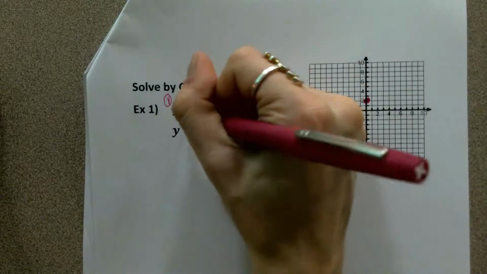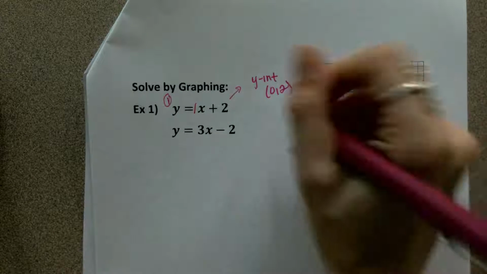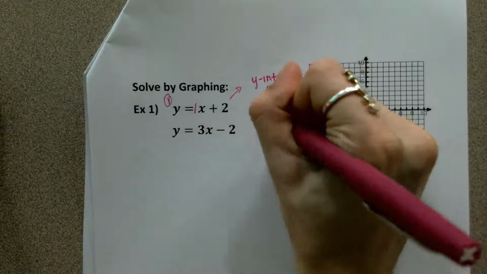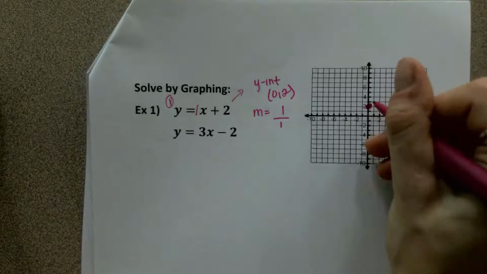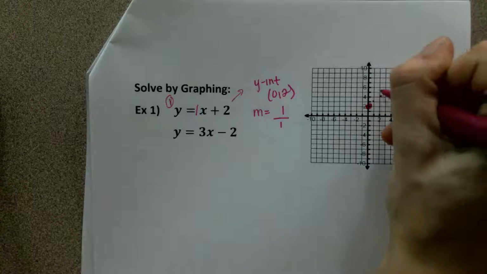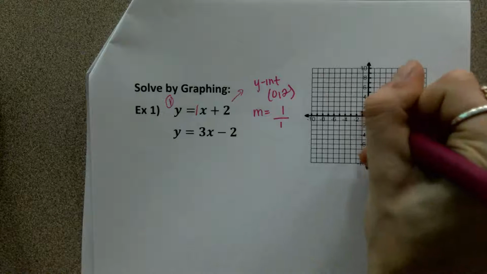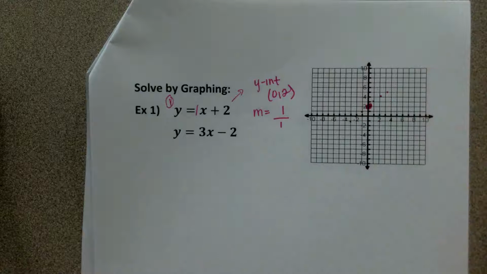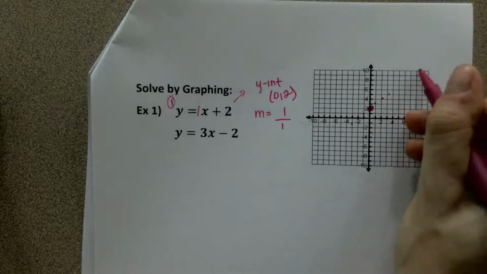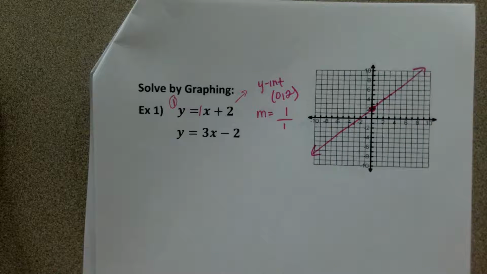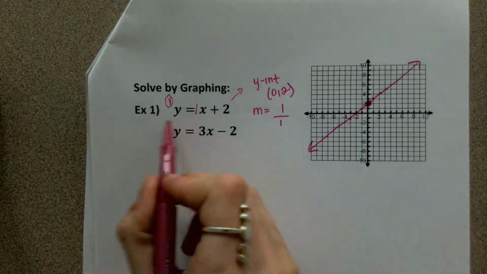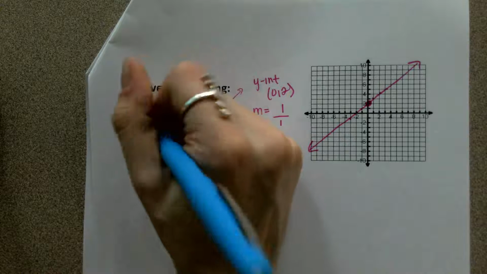We also have a slope of 1, which is technically 1 over 1. So we're going to go up 1 and to the right 1, up 1 to the right 1, up 1 to the right 1, down 1 to the left 1. Plot as many points as you need in order to be able to graph a decent line. Okay, so that's our first line in our system.